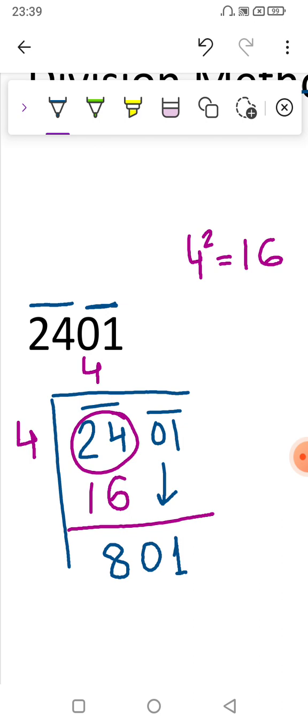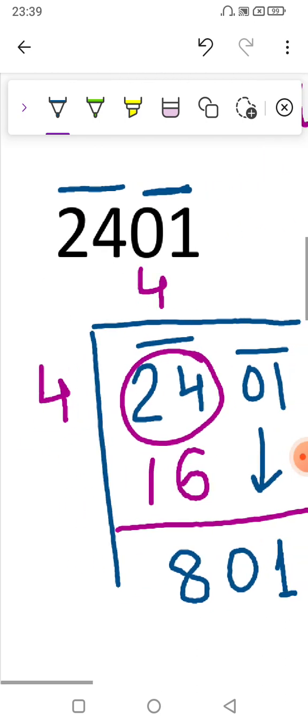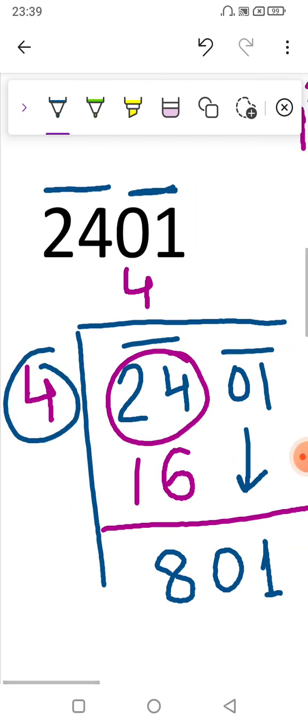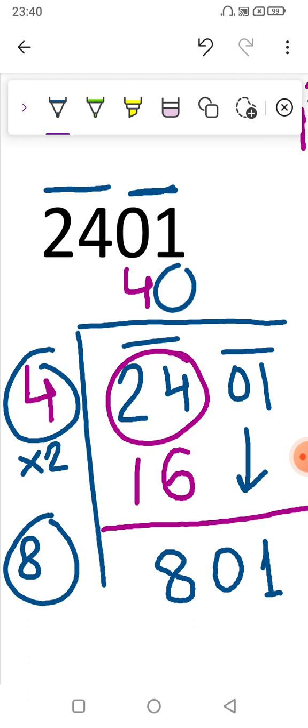Now after this is done, this 4 that we have got over here, you have to multiply this 4 with 2. Once you multiply this 4 with 2, what you get is 8. Now you have to think of such a number that if we multiply this number and that number, we will get 801 or the number closest to 801.